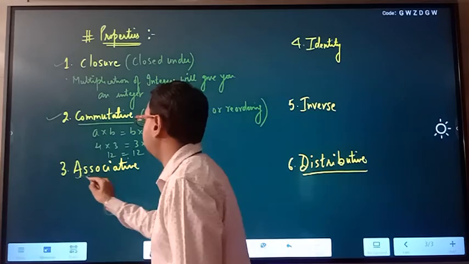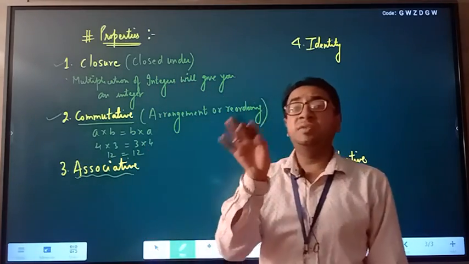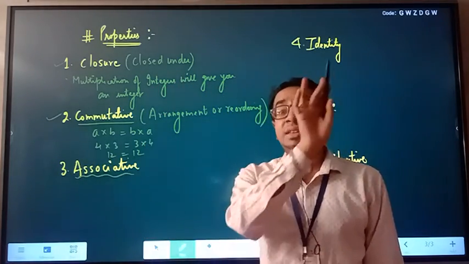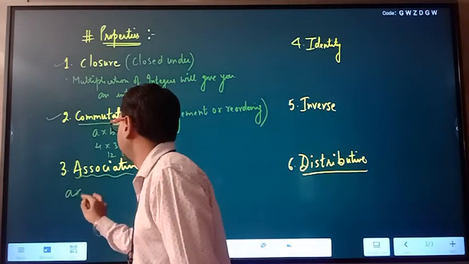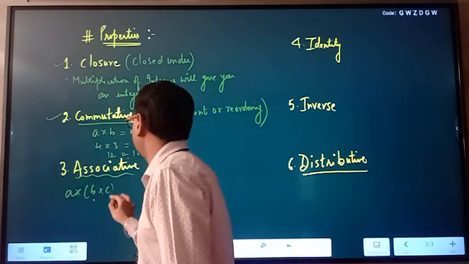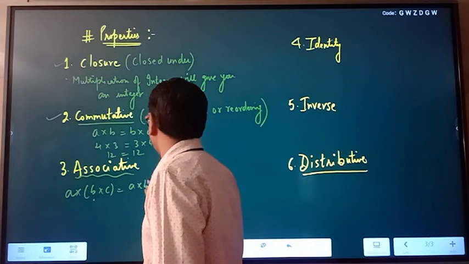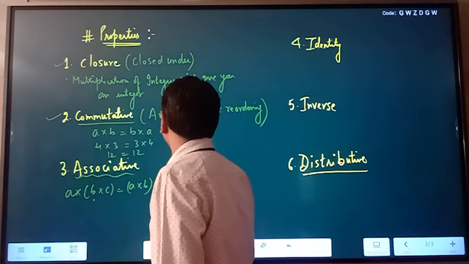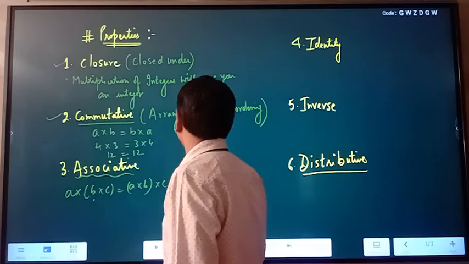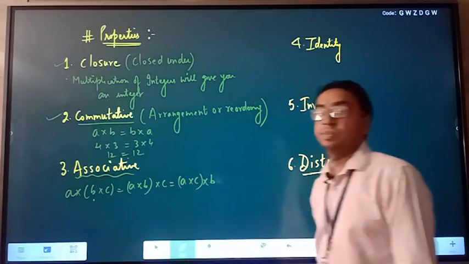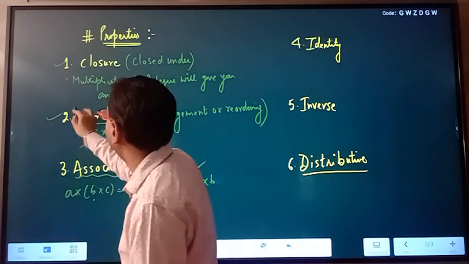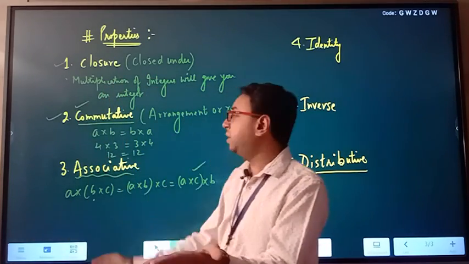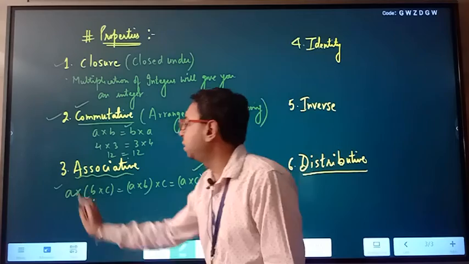Associative property, again association. If B is a friend of C and A is a friend of B, then A automatically becomes the friend of C. So clearly, A into B into C is equal to A into C into B. Any doubt? So it follows, because if commutative properties follow, definitely associative will also follow.